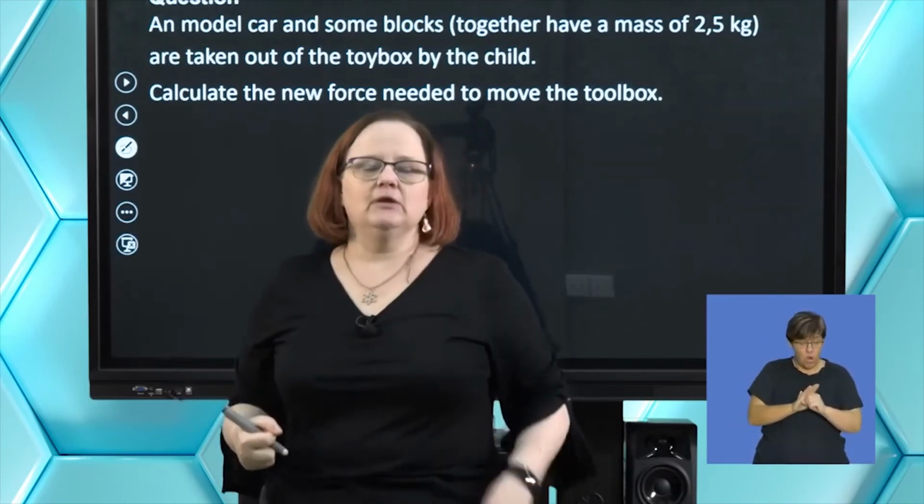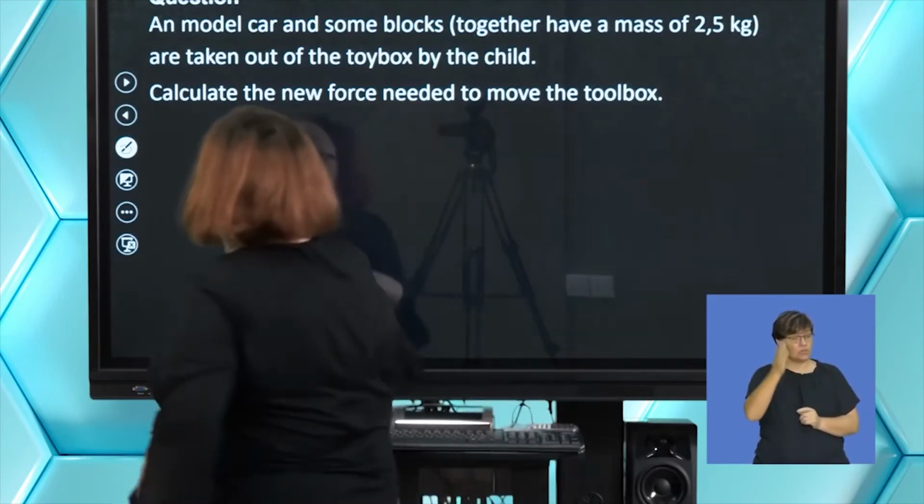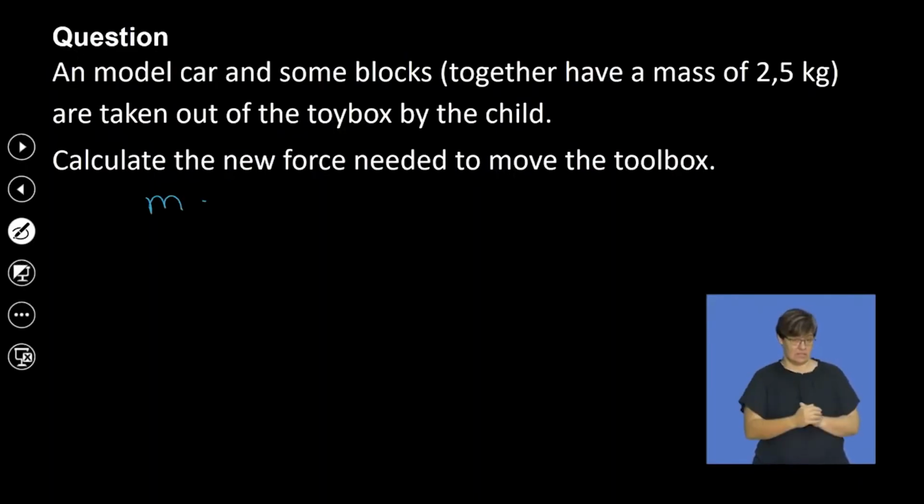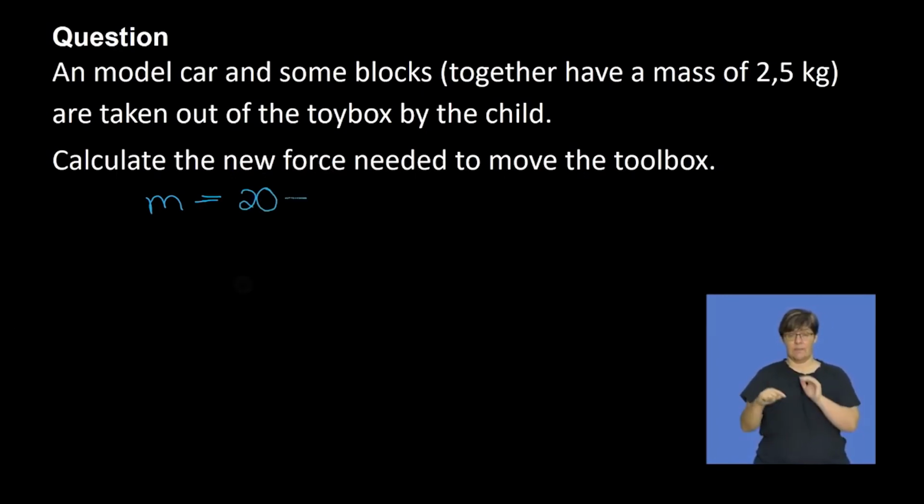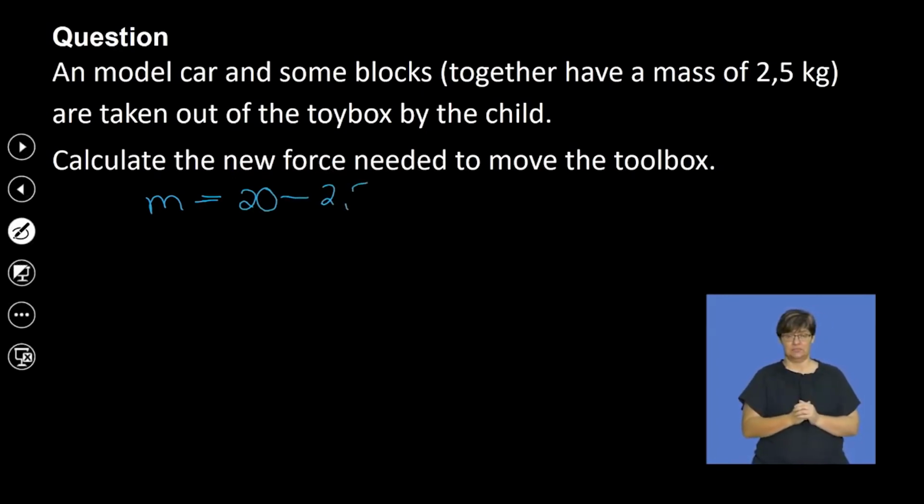But the first thing we need to know is what is the new mass? My original mass was 20 kilograms. We've now taken out 2.5, so that gives me 17.5 kilograms. That is the only thing that has changed in this question. What they're wanting you to see is that the applied force is actually going to be smaller.